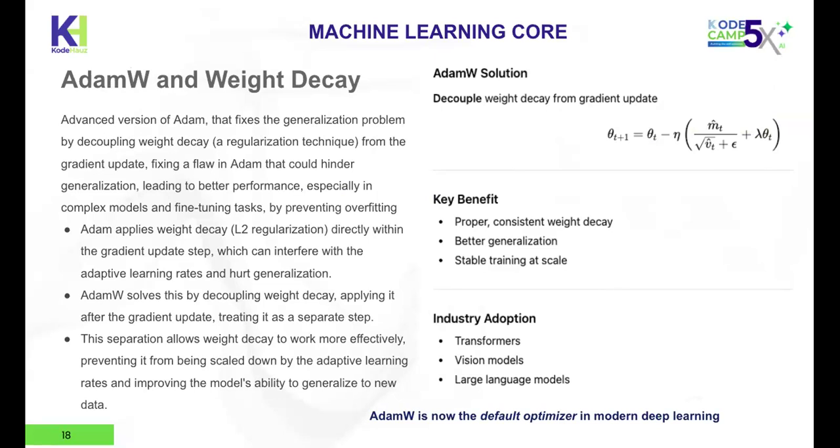All of what I'm doing here is really just to give us some theoretical background, so at least you remember something. Okay. So AdamW is the advanced version of Adam. It fixes the generalization problem that Adam has. Adam has a generalization problem, and AdamW fixes it by decoupling the weight decay from the gradient update.